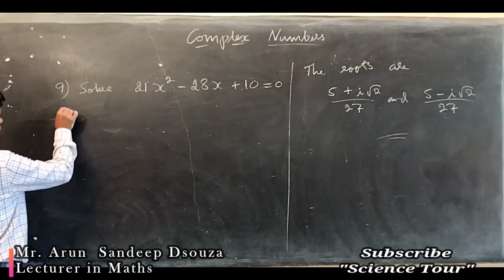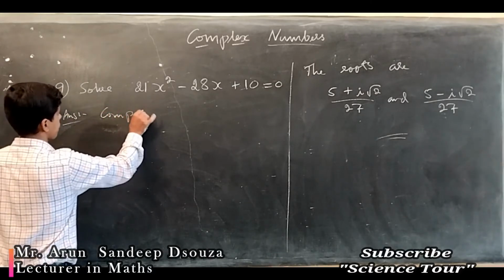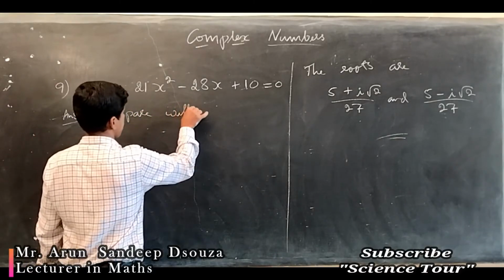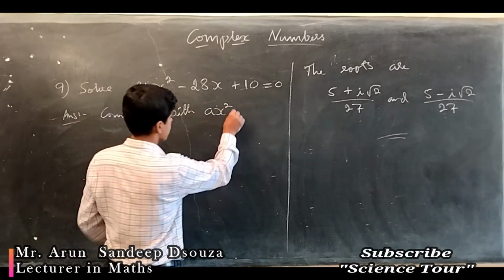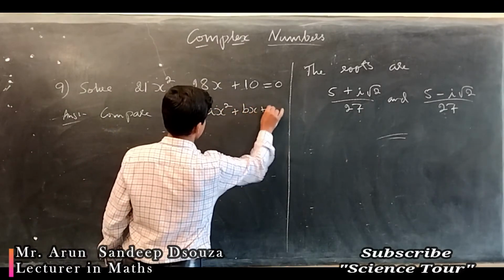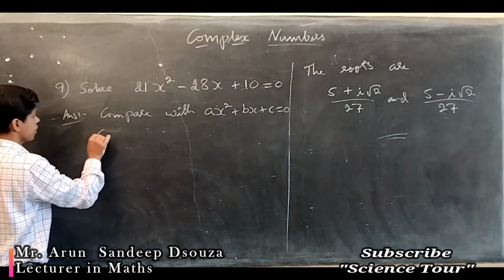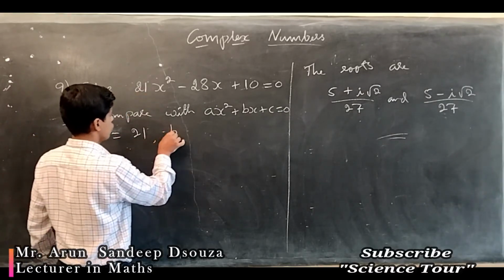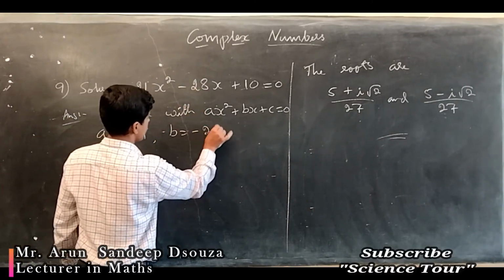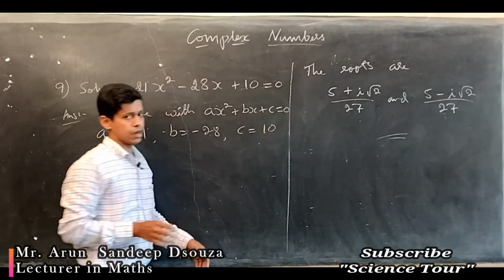So, answer. Compare with the standard quadratic equation, ax square plus bx plus c is equal to 0. From there we get the value of a as 21, the value of b as minus 28, and the value of c is 10.